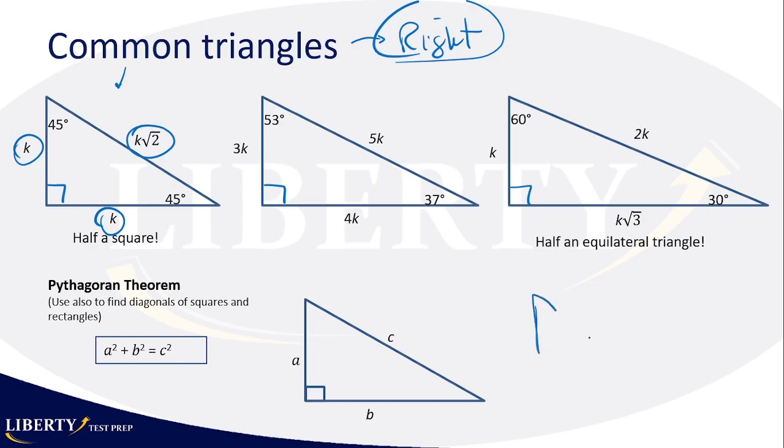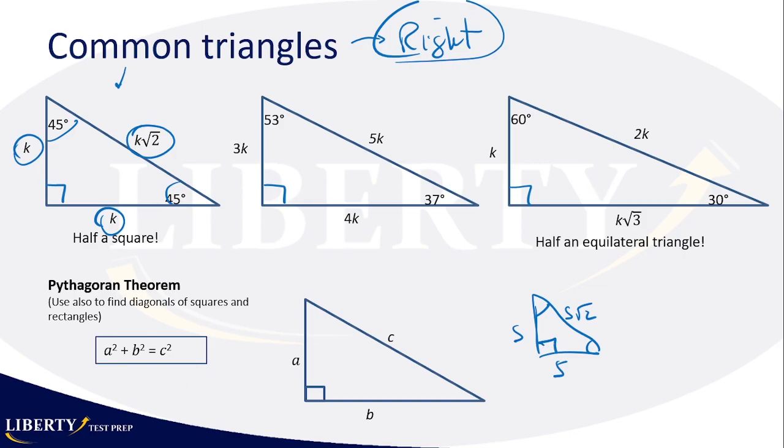So if I have a triangle that says 5 and 5, I don't need to do Pythagoras here. I just know that by theory, this hypotenuse is 5 square root of 2. You also know that the interior angles are 45, 45, 90. So these 2 angles are 45, both of them, and then your right angle is 90.